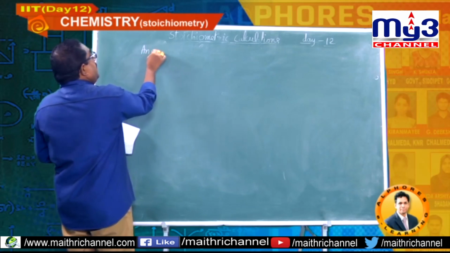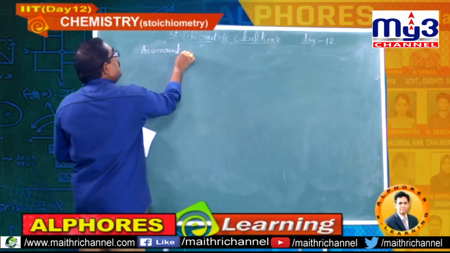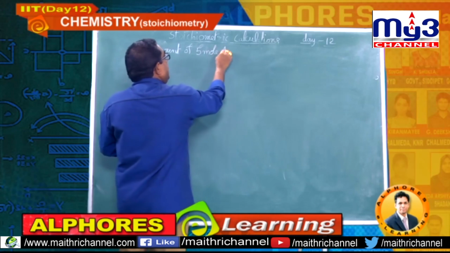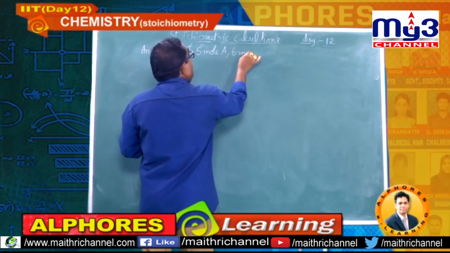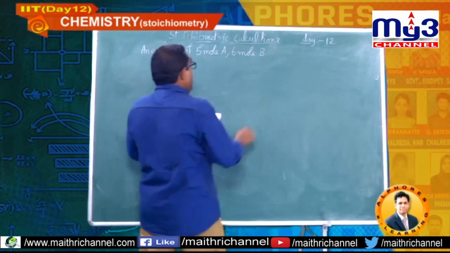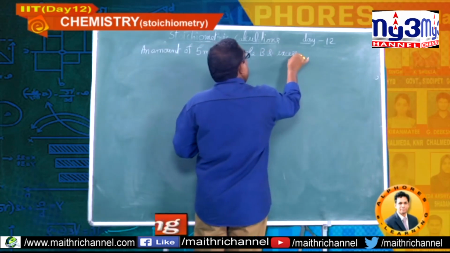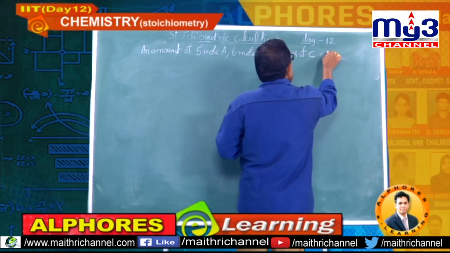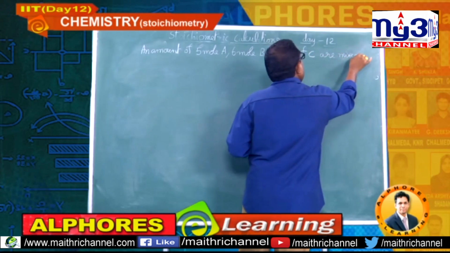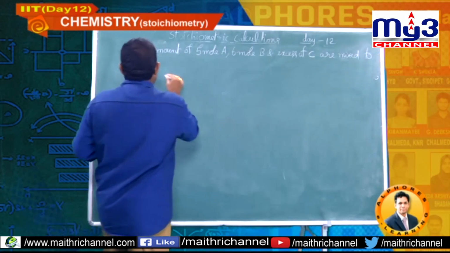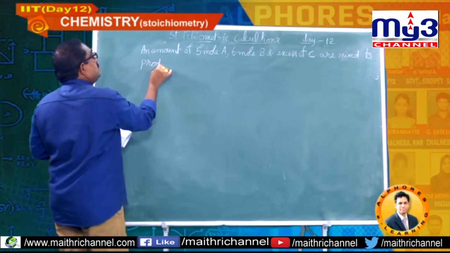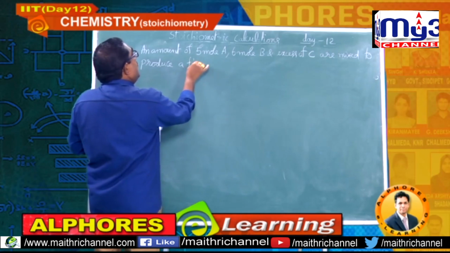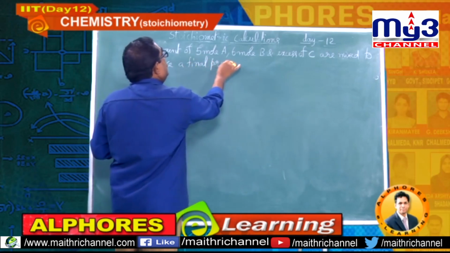Write down. An amount of, write down students, 5 mole A, 6 mole B and excess of C are mixed to produce a final product D. Write down students, very, very important model.